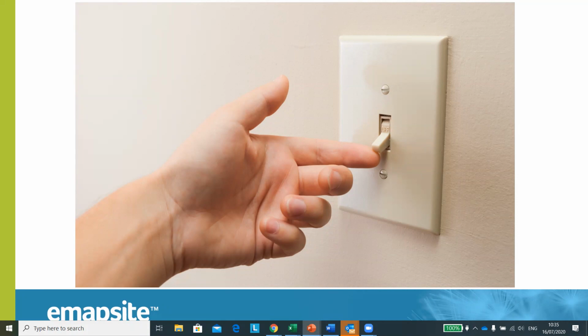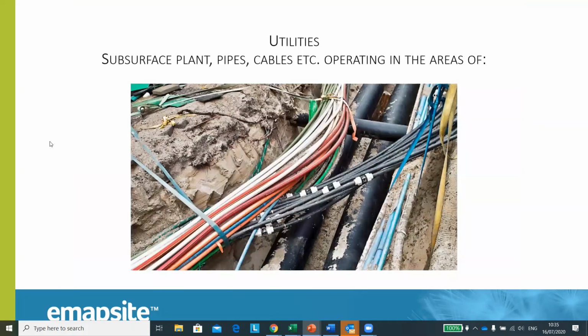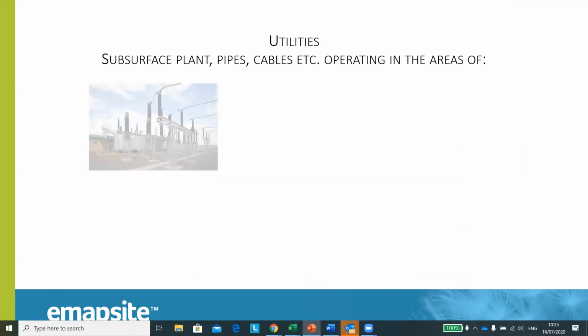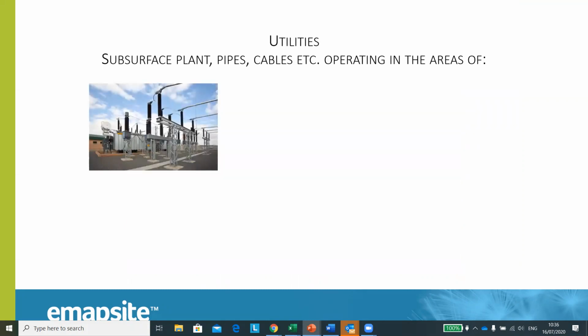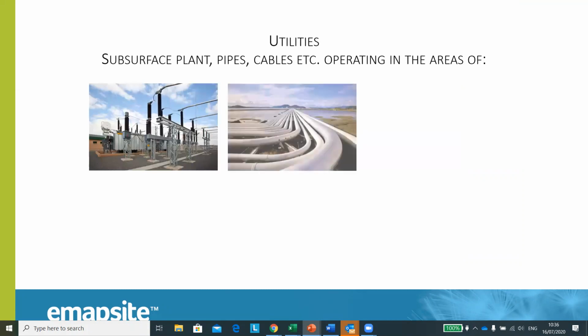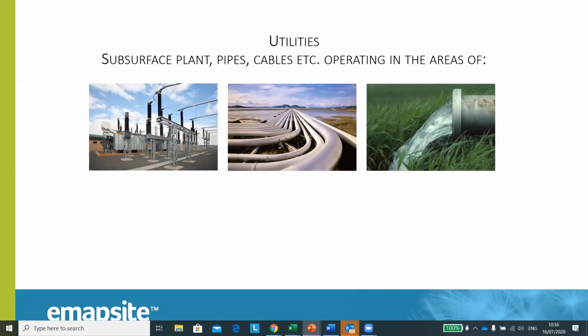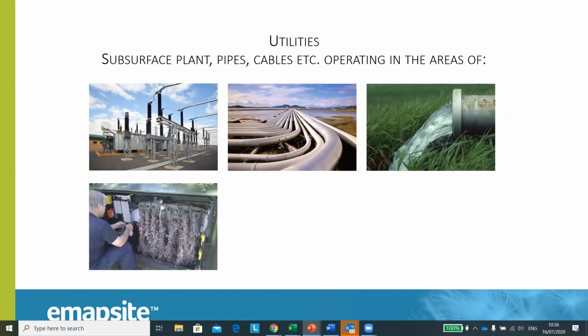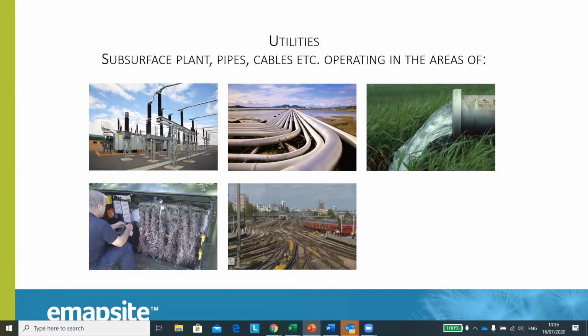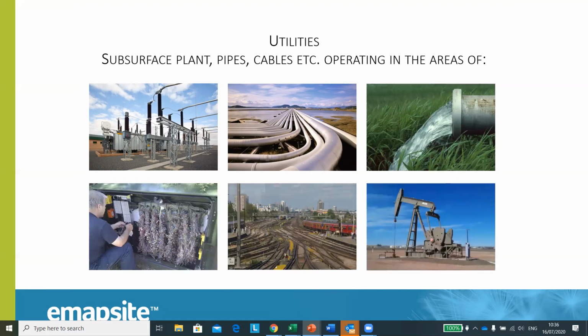So for the purposes of utility reporting, we define utilities as subsurface plant, pipes, cables, etc., operating in the areas of electricity transmission and distribution, gas transmission and distribution, they're two different things, water and sewerage supply, telecoms and cable, including fiber networks, transportation networks, and oil and fuel supply.